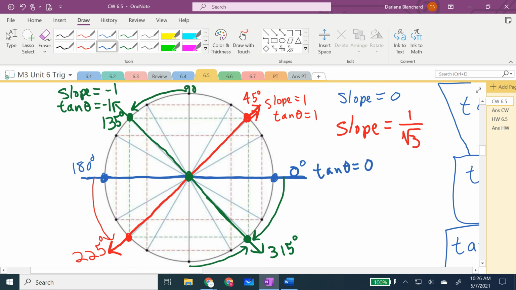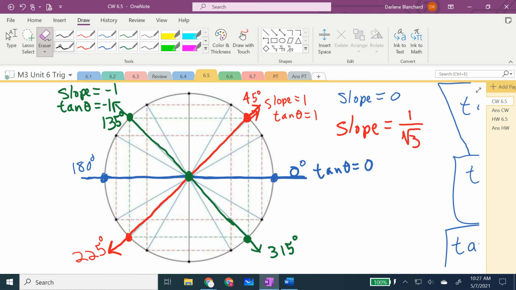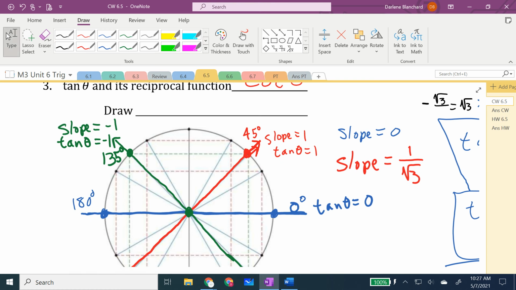And I want to pause again for a moment and have you just look at how many of the special angles, the unit circle angles, that gives us. We also can see that you could be asked, where is tangent undefined? And we're going to start with, where is slope undefined?